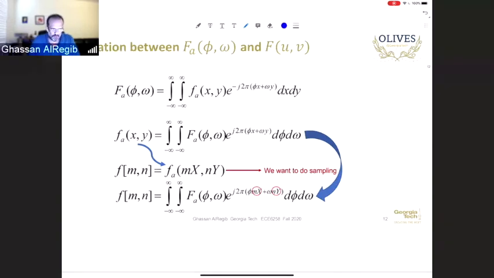So the first two equations, as you can see in here, are from the definition of the Fourier transform of a continuous or an analog signal.